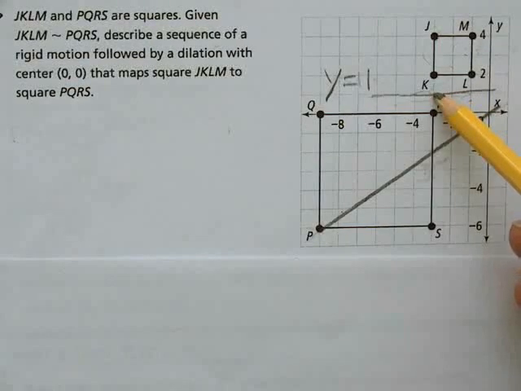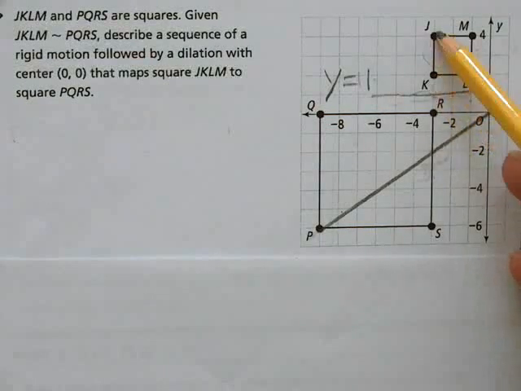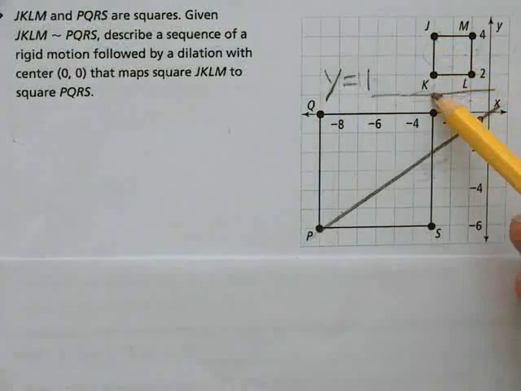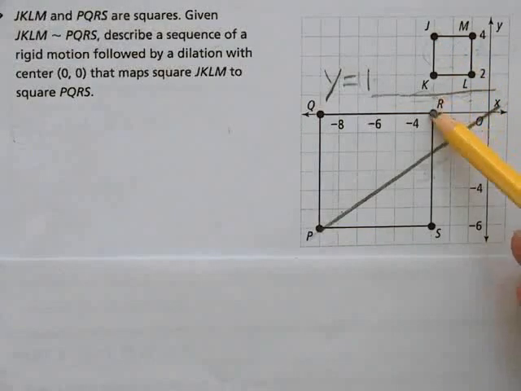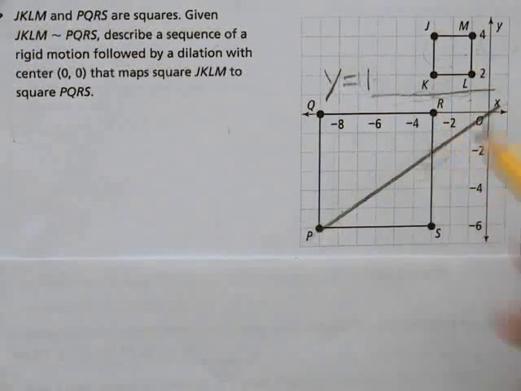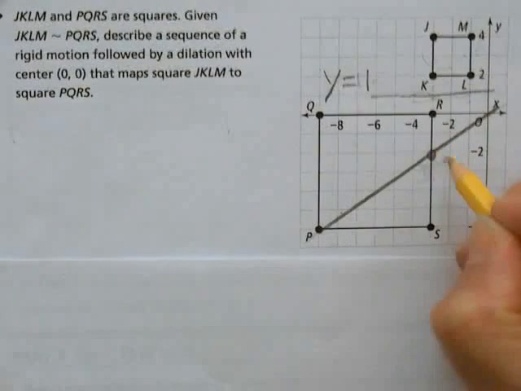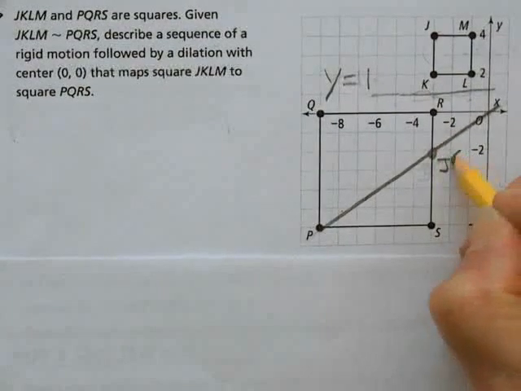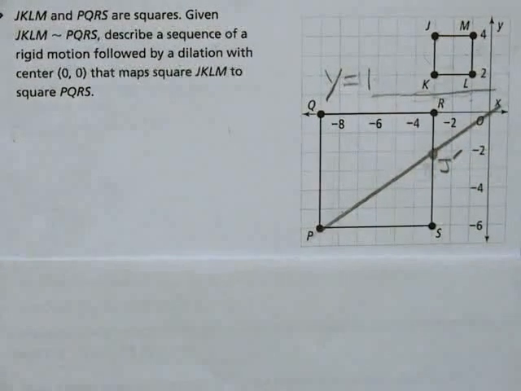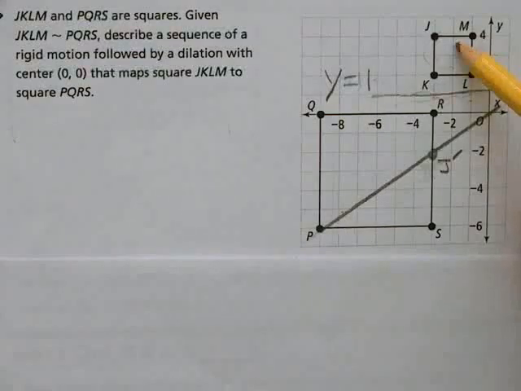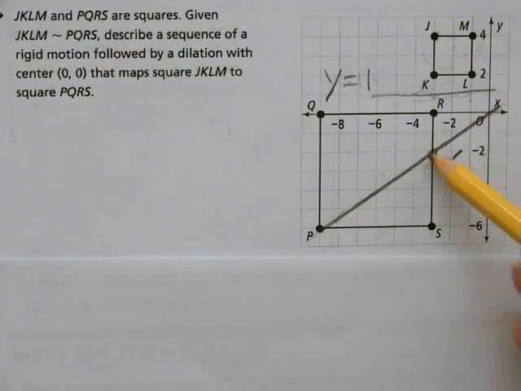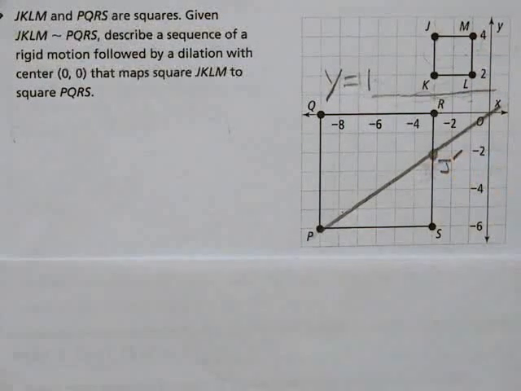All right, so let's see. How far is J from y equals 1? It is 1, 2, 3 units. All right, let's go 3 units below this line and see where I end up. 1, 2, 3. So this point would then be J prime. That means I would have a point on this square on that line of dilation, on that center of dilation.